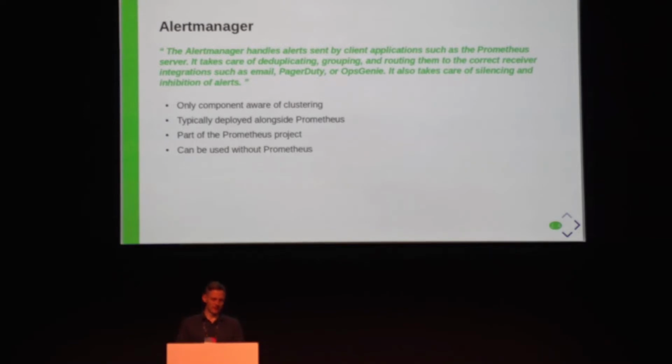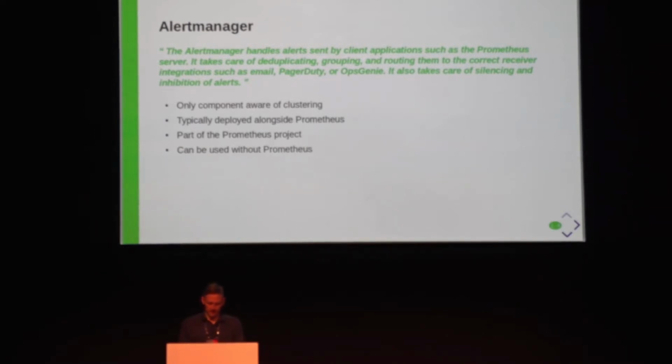So when you have multiple alert manager instances, you will need to tell the alert managers where to look for their counterparts, because they handle the alerts. They do deduplication of alerts and stuff like that, so they need global state. This is the only component that needs some clustering, and it's quite easy. You just pass a list of peers in the CLI arguments. There's no big magic behind it. I just wanted to mention it.